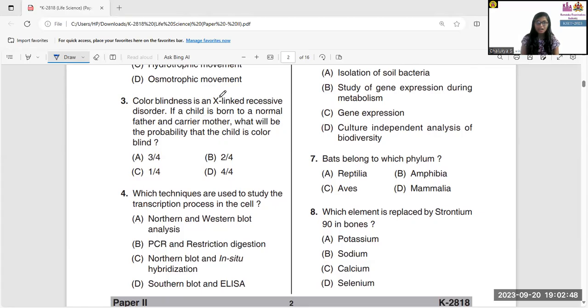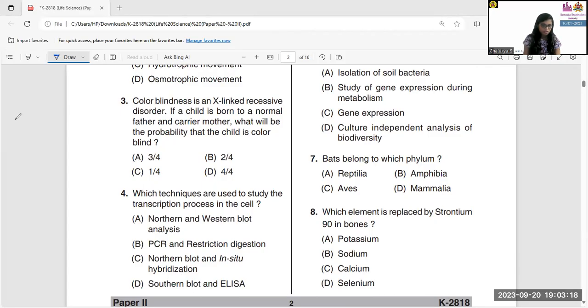X-linked recessive means females have XX chromosomes, males have XY chromosomes. If the X is a carrier, the male child will be affected.